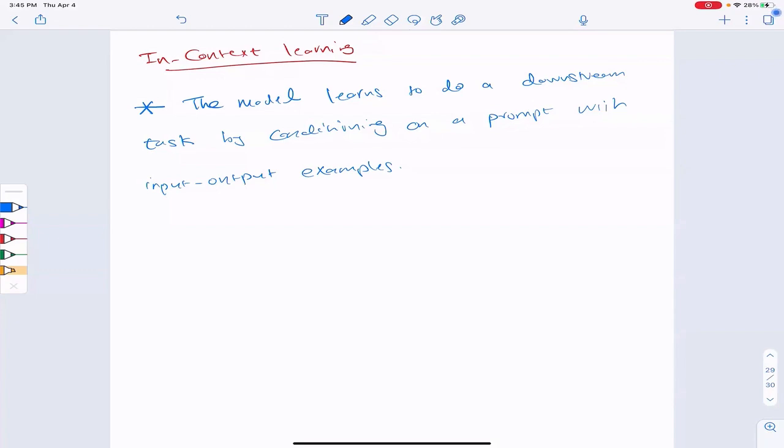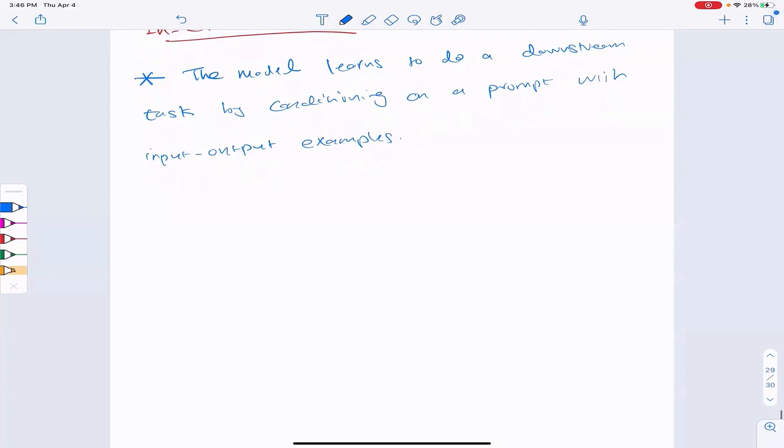It is basically prompt engineering. So you are providing some information in the prompt, part of prompt engineering. And how it works, why it works, it is unclear in many instances.